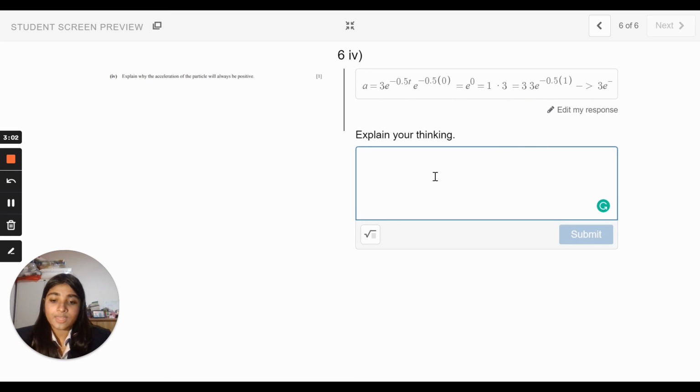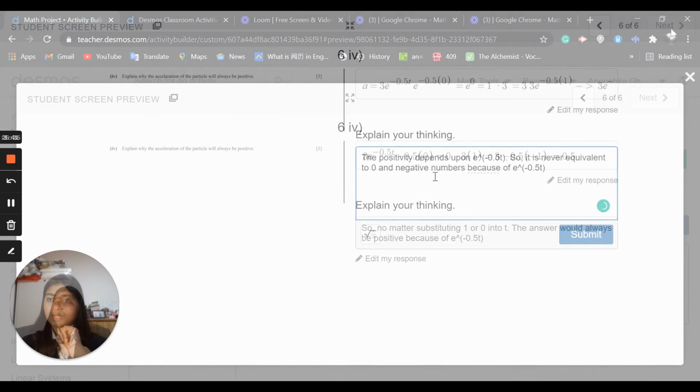So I will say that the positivity depends upon e to the power of negative 0.5t. So it is never equivalent to 0 and negative numbers because of e to the power of negative 0.5t, as I've shown above.